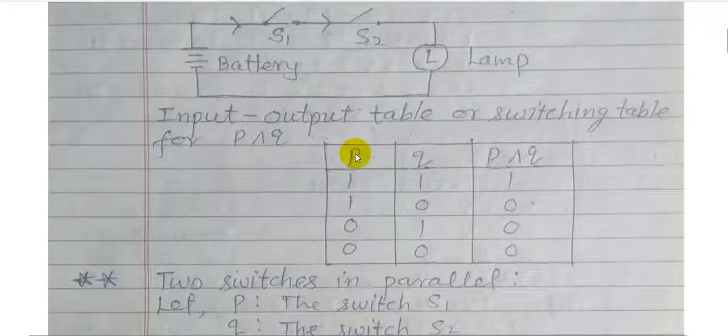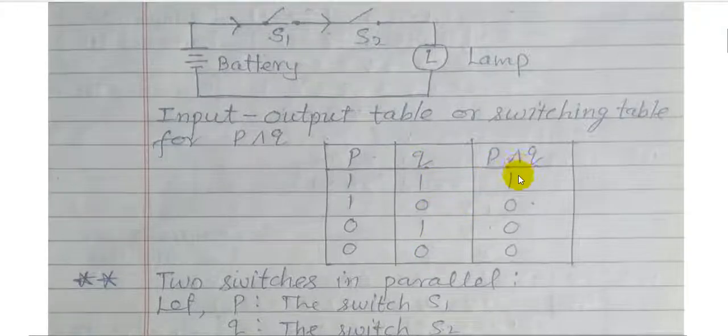First we write P, Q and then P and Q. So for the statement P, means switch S1 for P, considered value here. This is P. So we write here 1 1 0 0. Instead of TTFF we write 1 1 0 0. For Q we write 1 0 1 0.